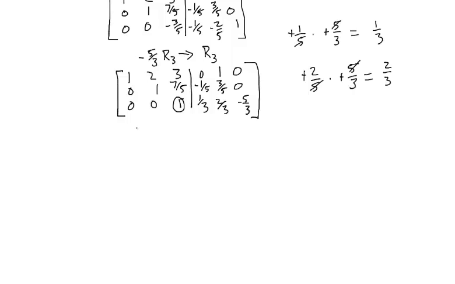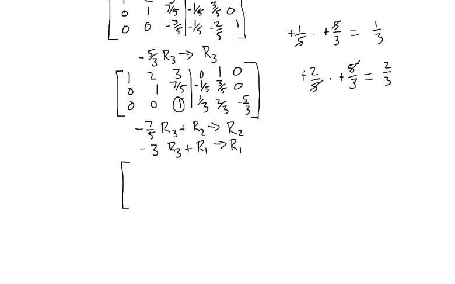So we have negative 7/5 times row 3 plus row 2, and we're going to put it in row 2. And then we have negative 3 times row 3 plus row 1, and we're going to put that in row 1.